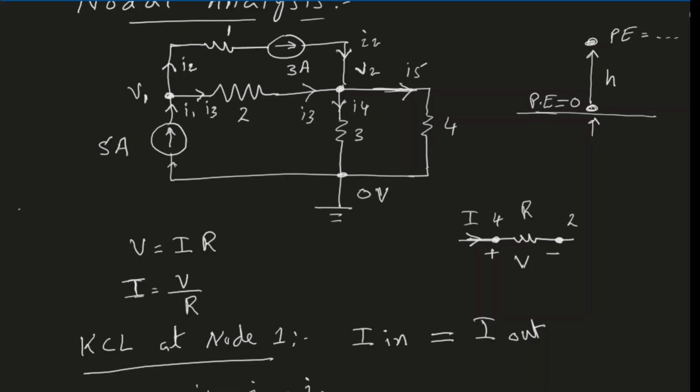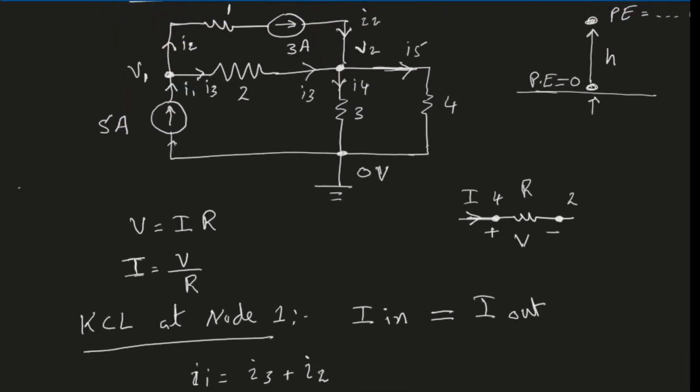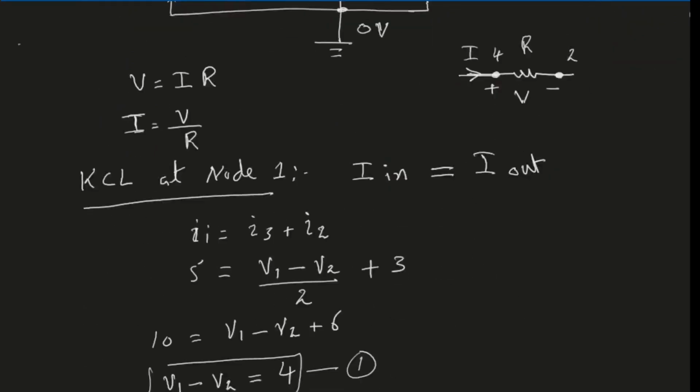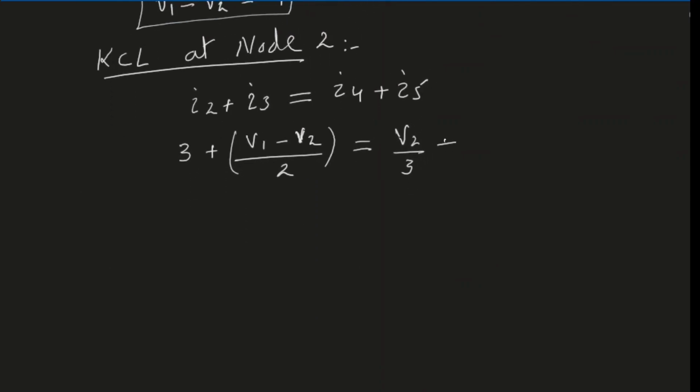I4 is V2 minus 0 divided by 3. I don't need to write minus 0 because that's not going to make any difference. Similarly, I5 is V2 minus 0 volts divided by 4, so that will be V2 divided by 4. All right, so this is our second equation.